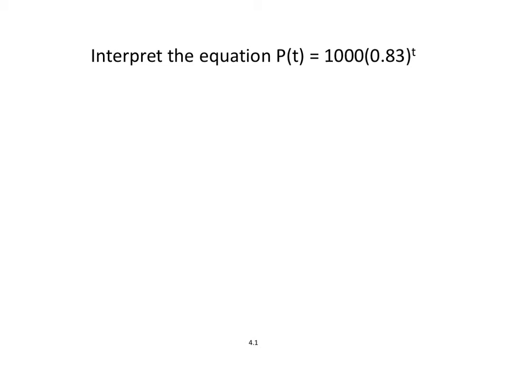I don't see an e in this equation, so I'm going to assume this is an annual model, not a continuous model. I see the initial value, the y-intercept in this case, is 1,000. And then this is a decay model. The reason I know it's a decay model is because the base is less than 1.